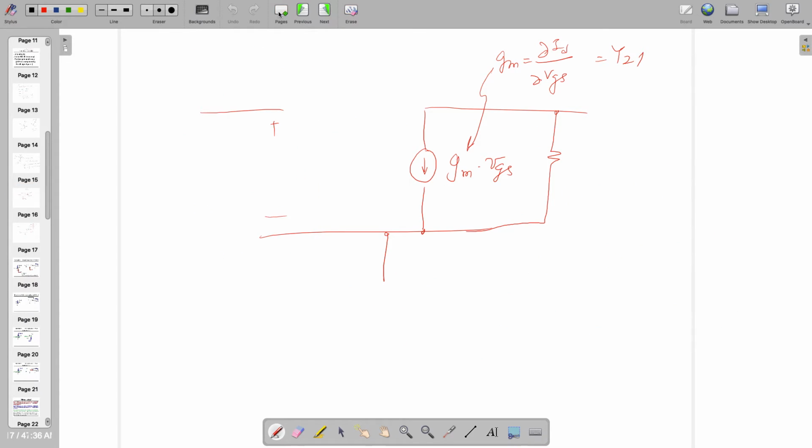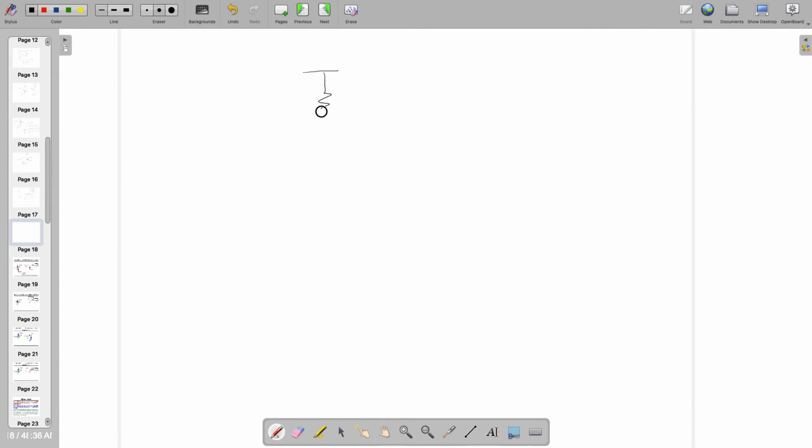But let's assume that I have this circuit and I want to find out the small signal AC gain. I'm going to follow only one thing: I'm going to see what the impedance is at the output side.